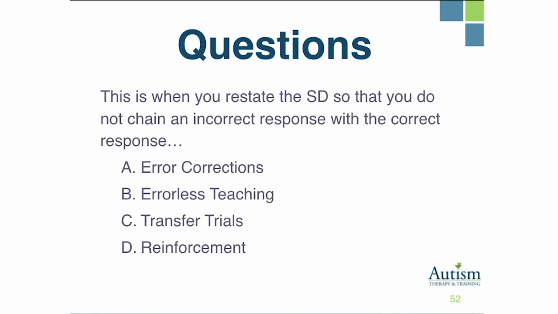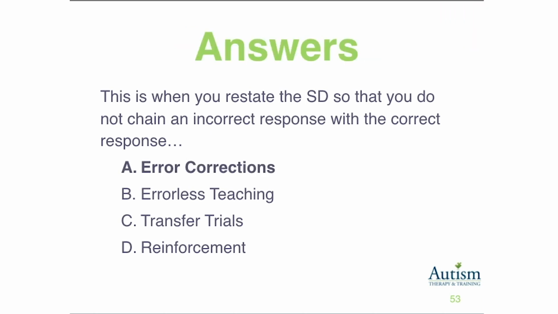This is when you restate the SD so that you do not chain an incorrect response with the correct response. A, error corrections. B, errorless teaching. C, transfer trials. Or D, reinforcement. And the correct response is A, error corrections.